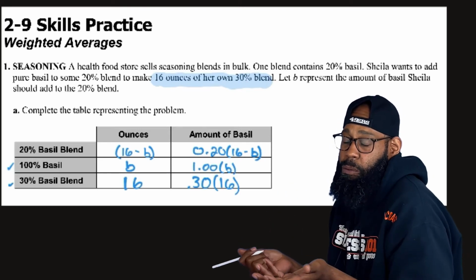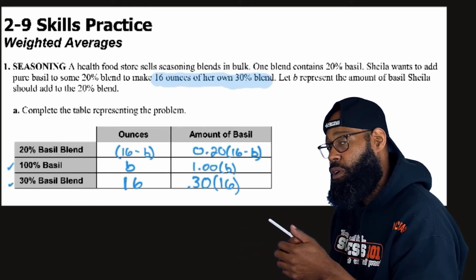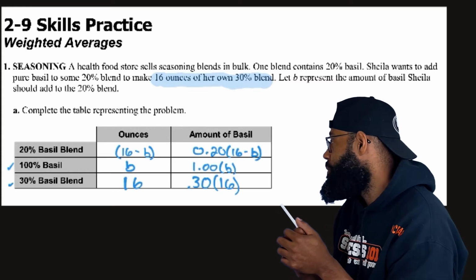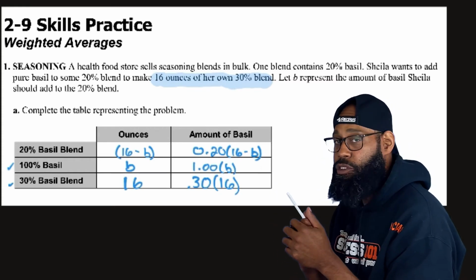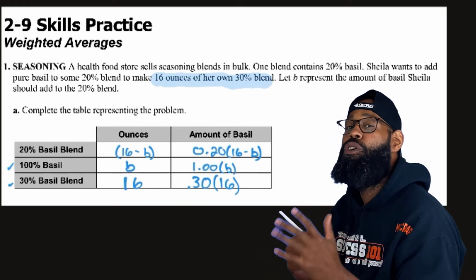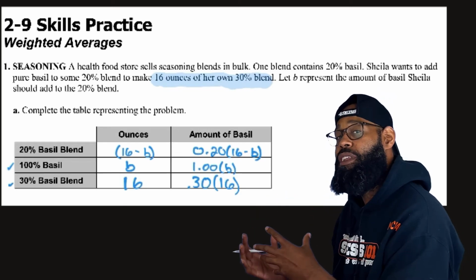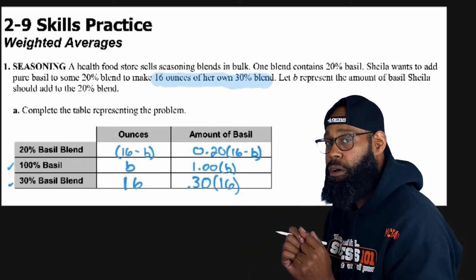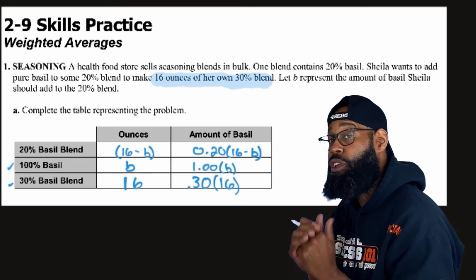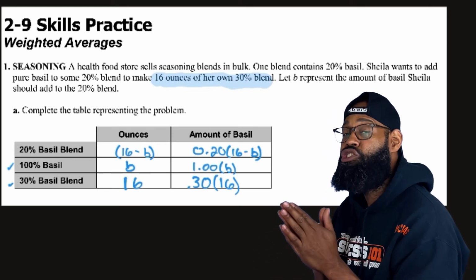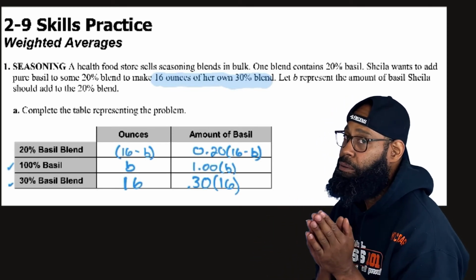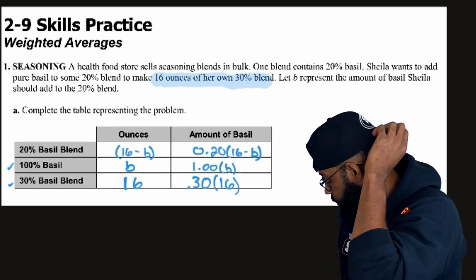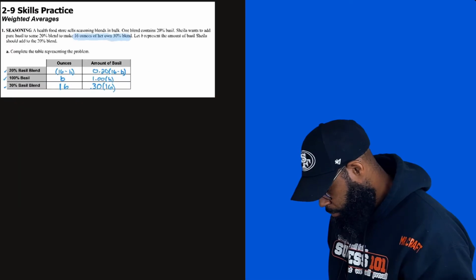Let B represent the amount of ounces for pure basil. But how many are we using of the 20% basil? We don't know, but we do know the total. So the total is driving us to figure out the information that we don't know. And that's what we're about to do, guys. We're gonna write an equation to help us solve for what we do not know. Let's get this moving.